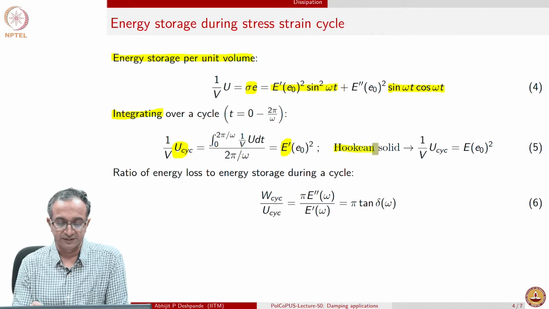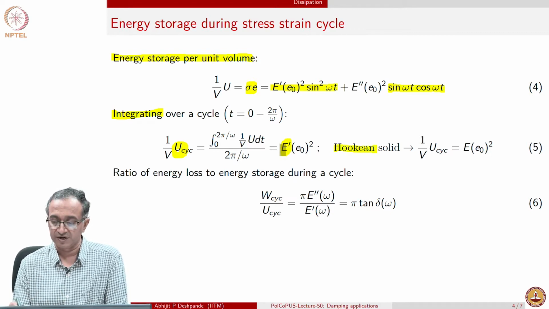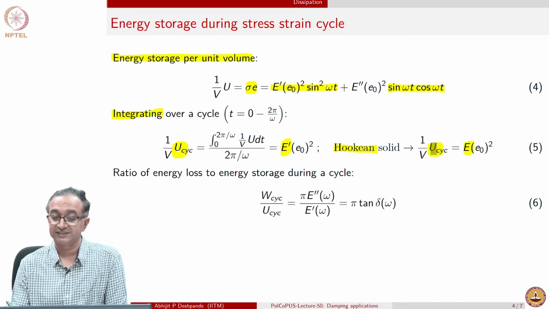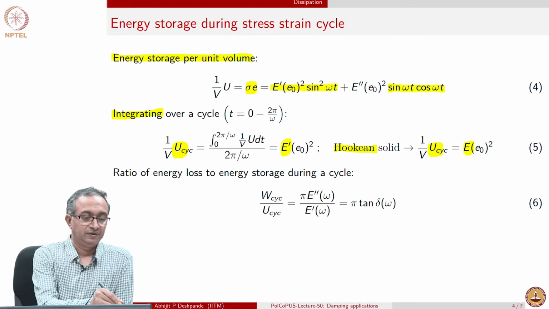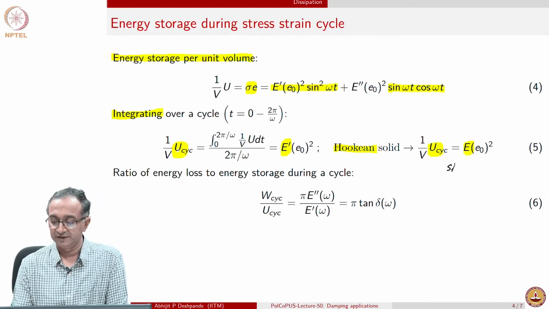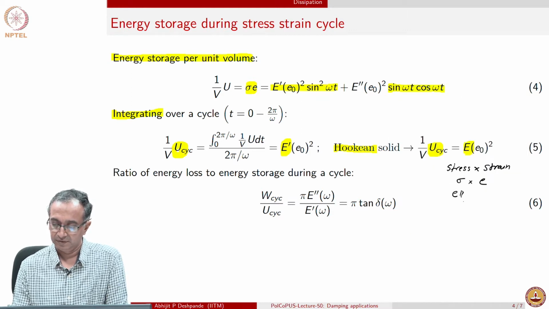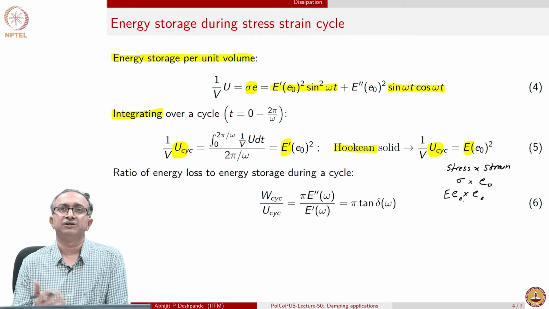And for a Hookean solid, since we know that storage modulus is a constant quantity, which is nothing but, let's say, the Young's modulus of the material, then energy involved in a cycle is just E times modulus into E, this is again stress into strain. So, this is some measure of the storage energy during one cycle.